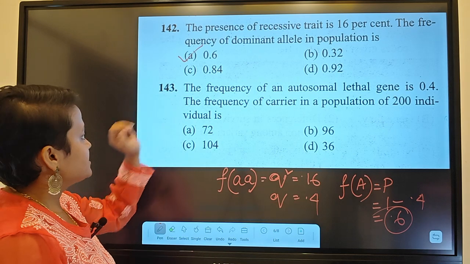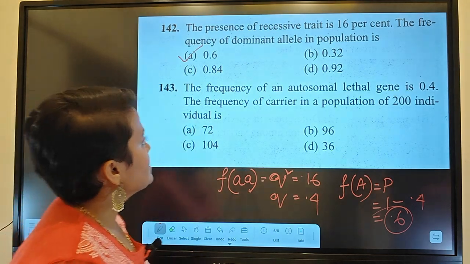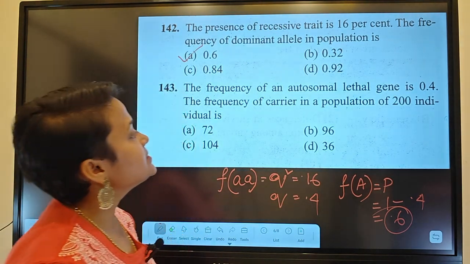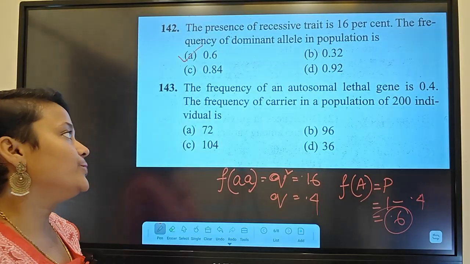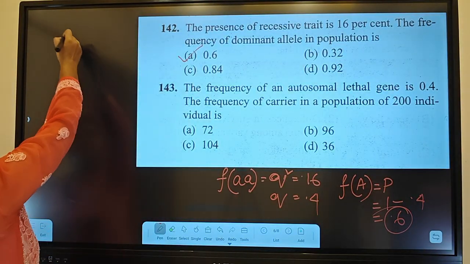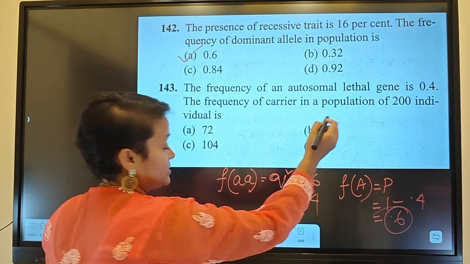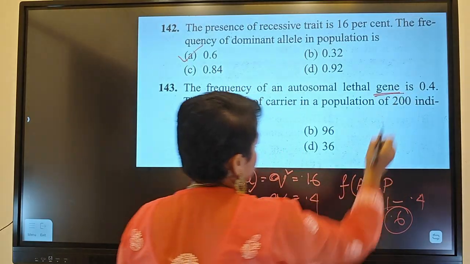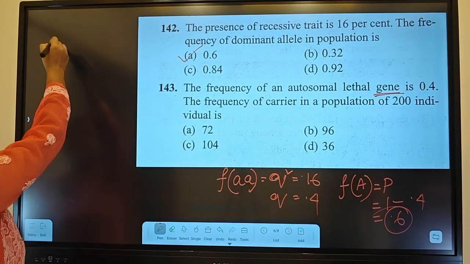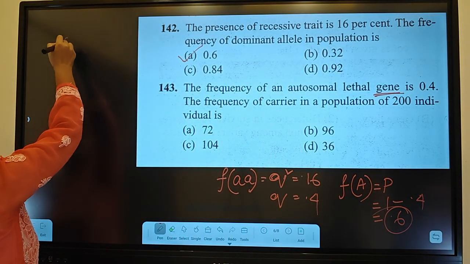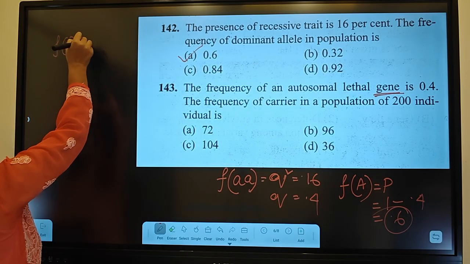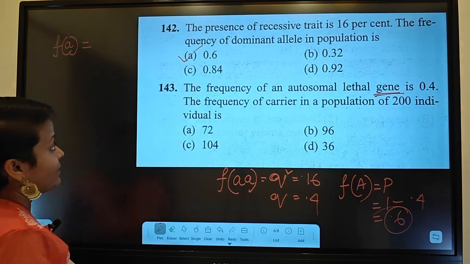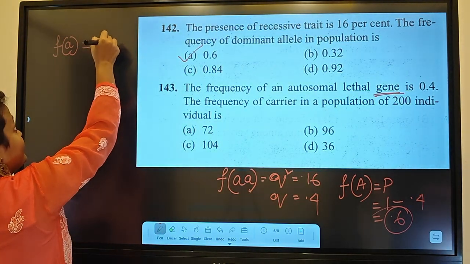Coming to the next question. The frequency of an autosomal lethal gene is 0.4. Now they are giving a gene, right? So for the autosomal lethal gene, the frequency of small a will be 0.4.